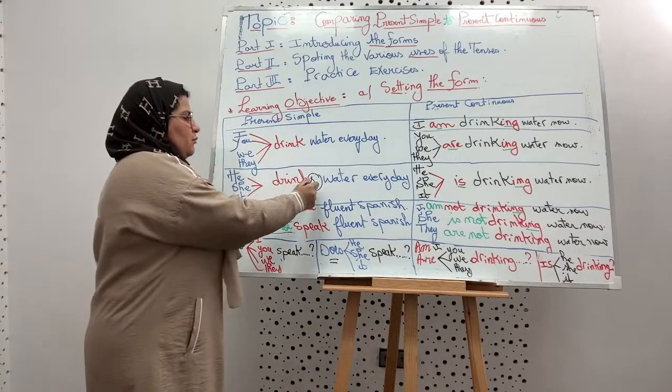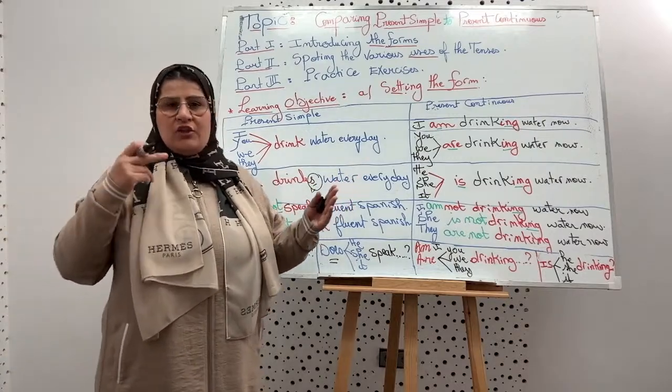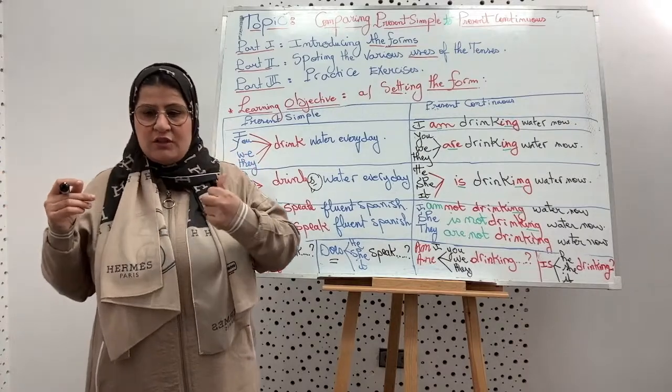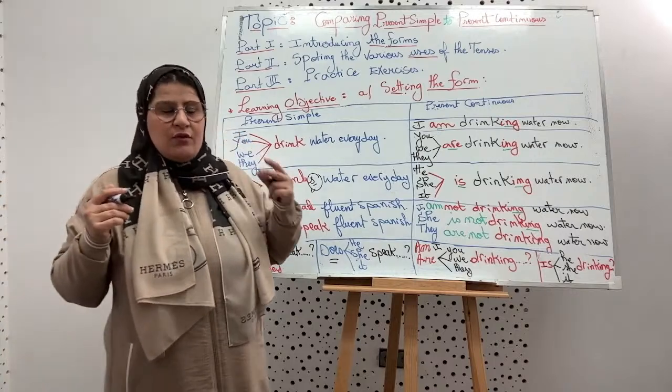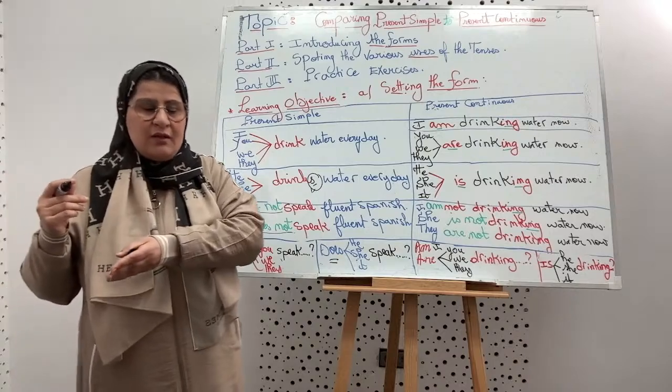Like when we say, for example, she brushes her teeth twice a day. Brushes. He fixes his bicycle every weekend. Tom does the shopping at the weekends.